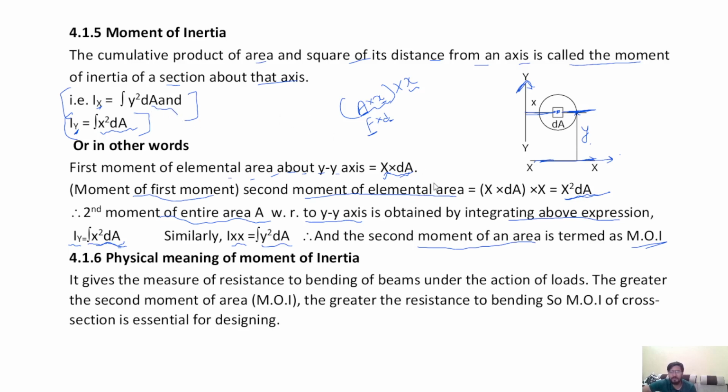This is the formula for moment of inertia, and it gives a measure of the resistance to bending of beams under the action of loads.